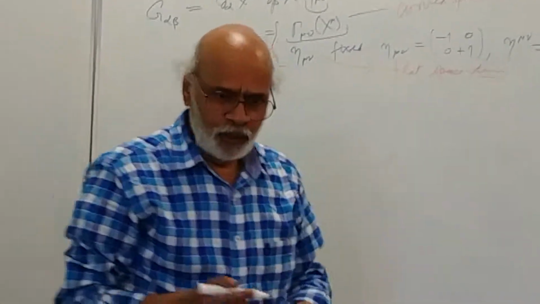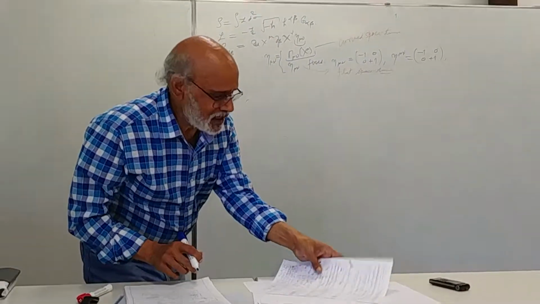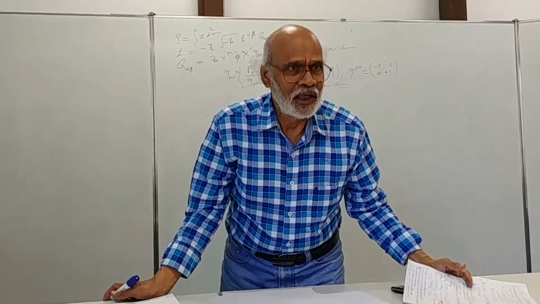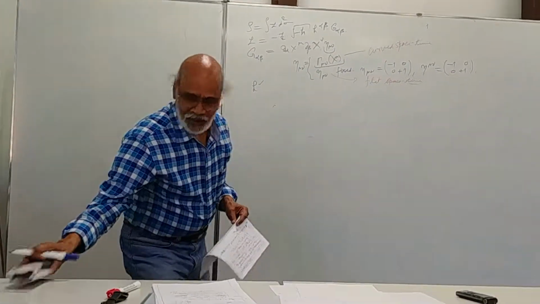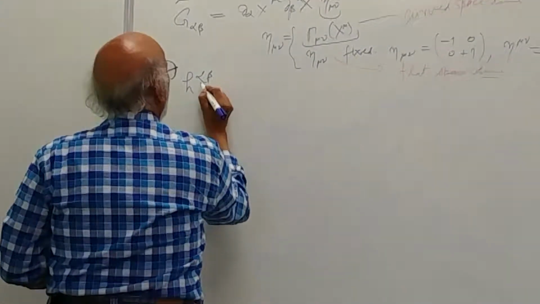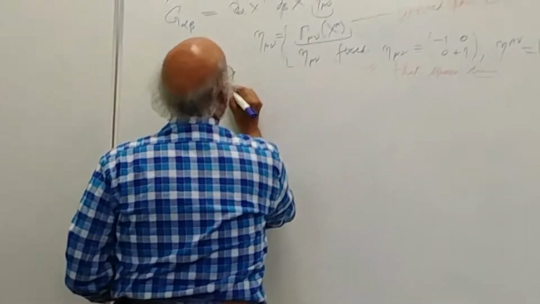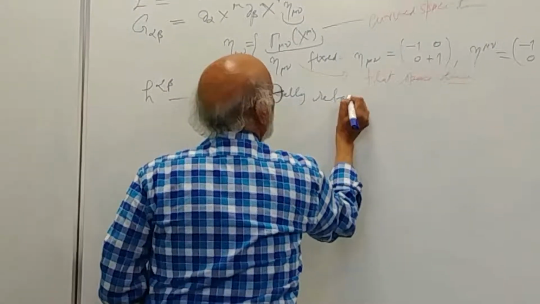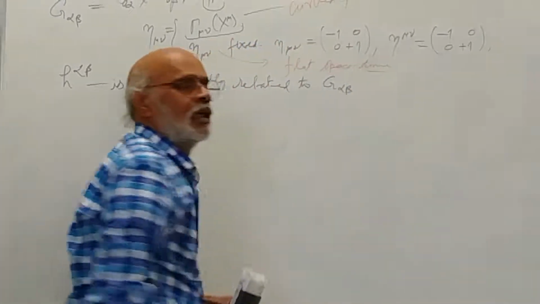Okay. Now, one more thing is that this H alpha beta, I am just considering various aspects of the Polyakov action at the moment. So this auxiliary field H alpha beta is conformally related to G alpha beta.